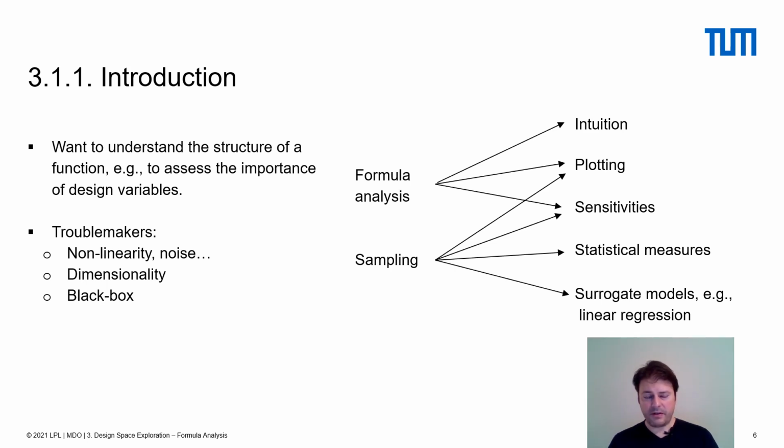When you do not have a formula available, then you need to use a different technique, which we call sampling. Sampling is a technique where you, according to a particular scheme, produce sampled designs and compute values for your objective and constraint functions and try to systematically derive formulas that quantify their connection, for example, by computing sensitivity measures or other statistical measures, or by deriving mathematical surrogate models.